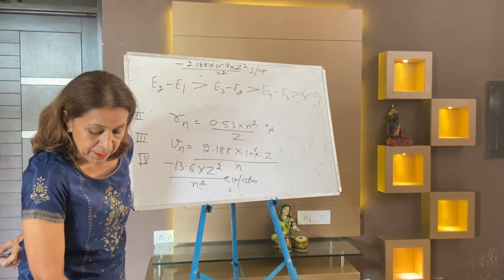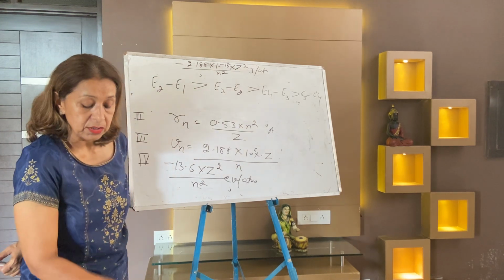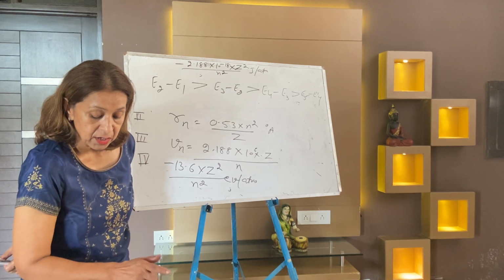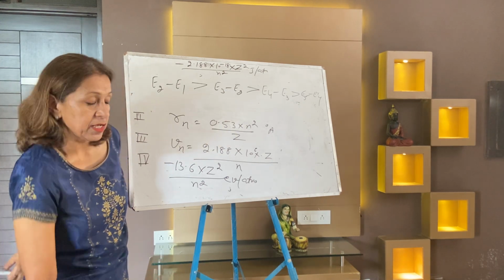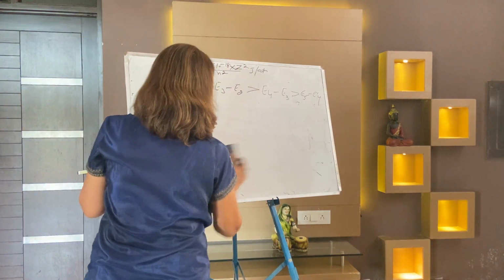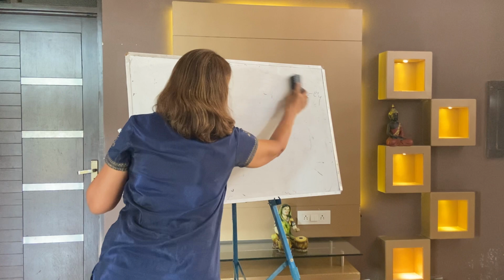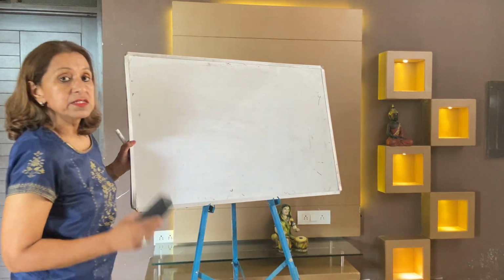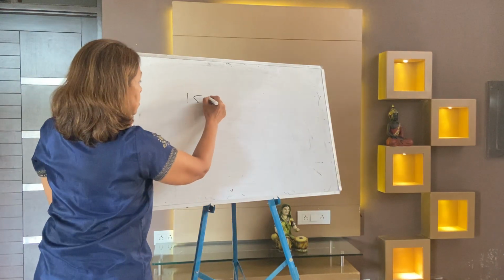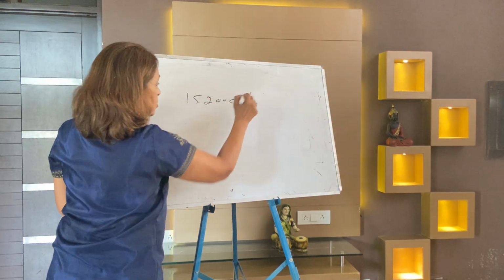Calculate the wave number. Write down the first question of MCQ type. The wave number of the first line of the Balmer series is given. It is 15200 per centimeter.